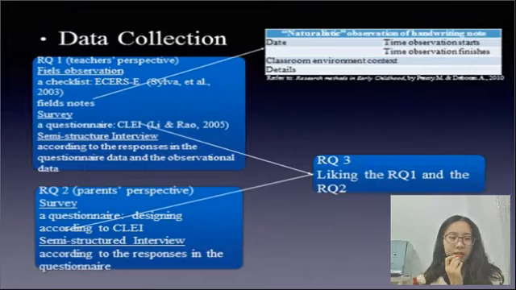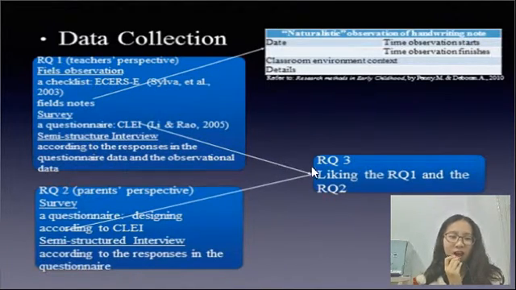In order to answer the first question, I'm going to do the field observation, survey, and the semi-structured interview. In order to answer the second question, I'm only going to do the survey and semi-structured interview.